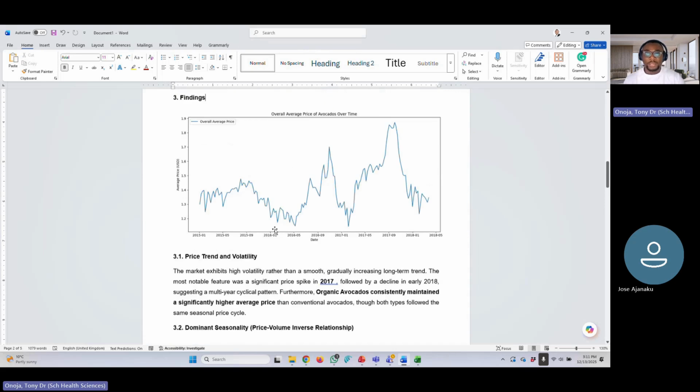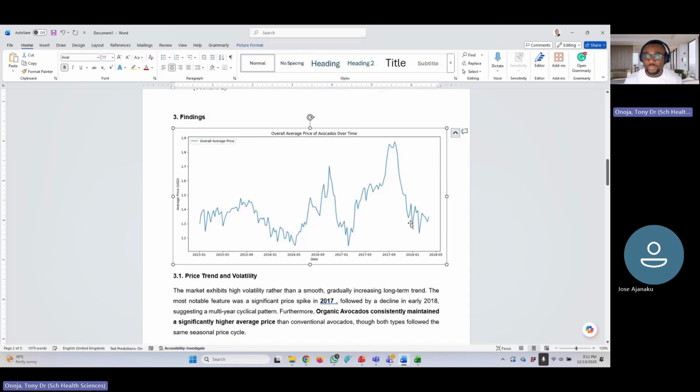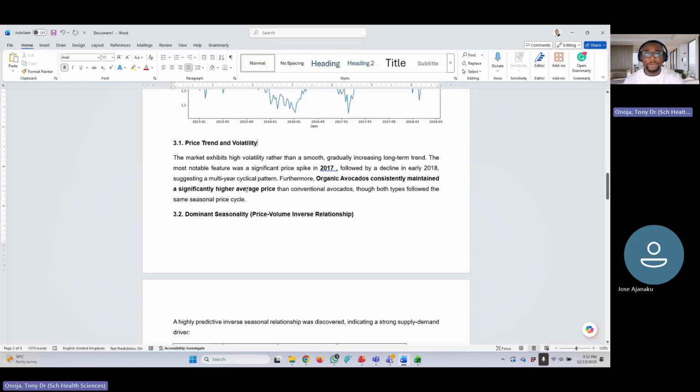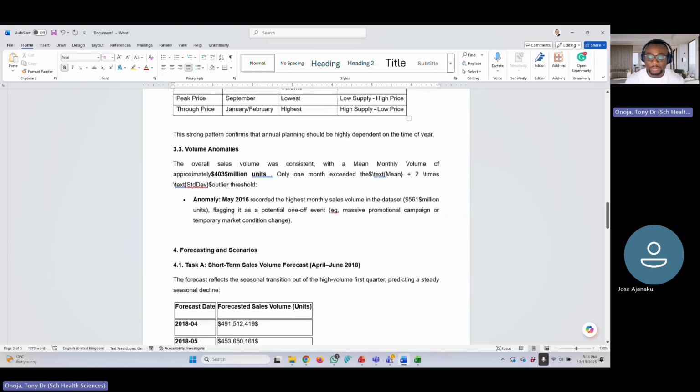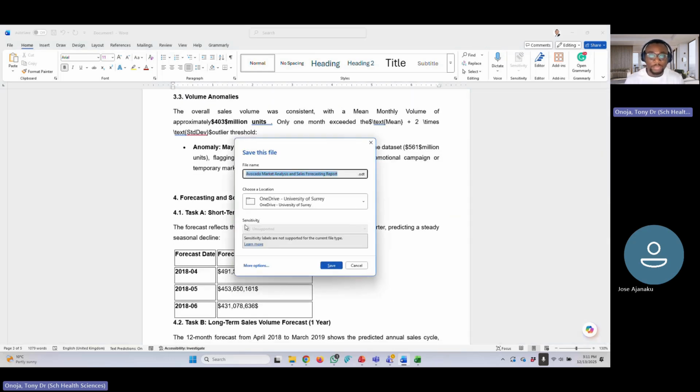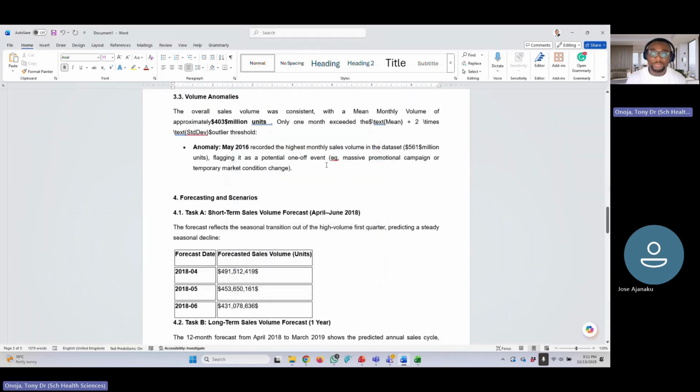Populate the images you want. Make sure you do that, and then you have your results or the report.